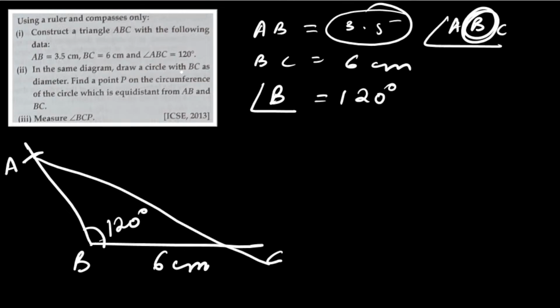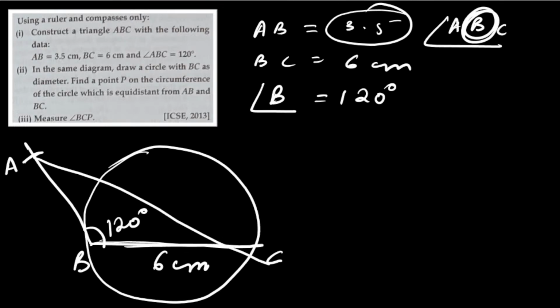In the same diagram, draw a circle with BC as the diameter, and find a point P on the circumference of the circle which is equidistant from AB and BC. The circle will pass through point B and point C.